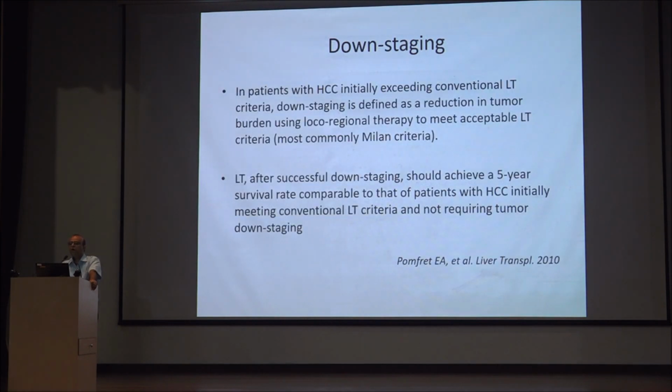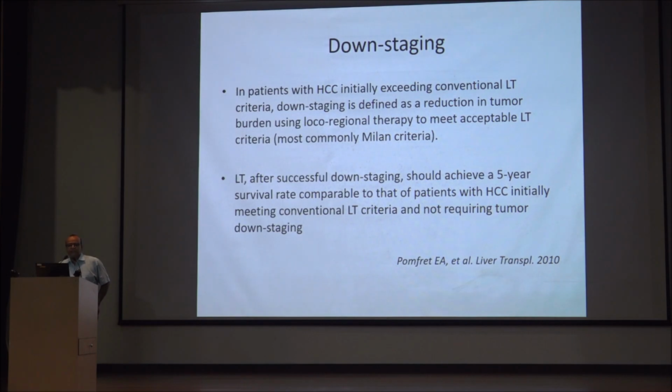Then in a consensus international conference 15 years back, downstaging was defined in patients with HCC initially exceeding conventional LT criteria, whatever the center adopts, as a reduction in tumor burden using loco-regional therapy to meet acceptable LT criteria.